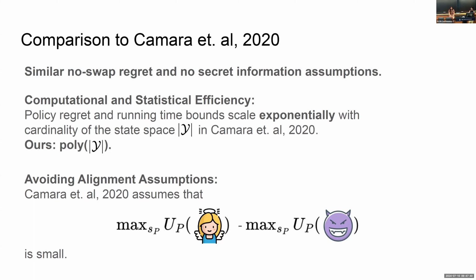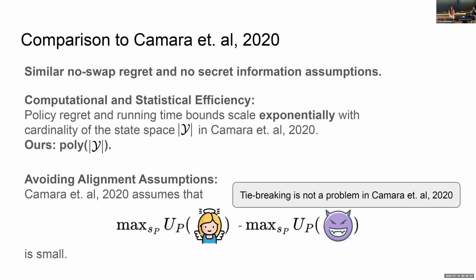Camara et al. assume that the maximum principal utility when the agent best responds in favor of the principal doesn't increase the principal's utility a lot compared to when they respond against the principal. Then there is no tie-breaking issue, because whether the agent responds in favor of or against the principal doesn't make a lot of difference for the principal. But we don't make such an assumption in our work.